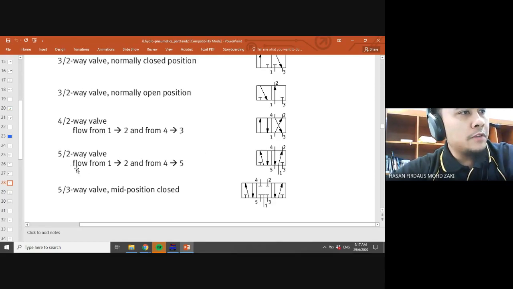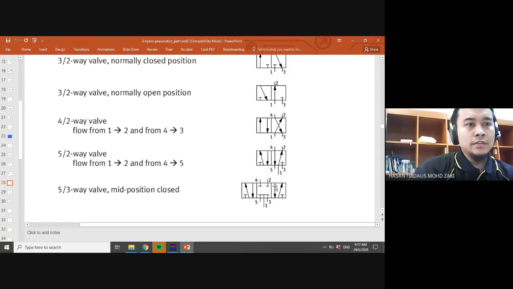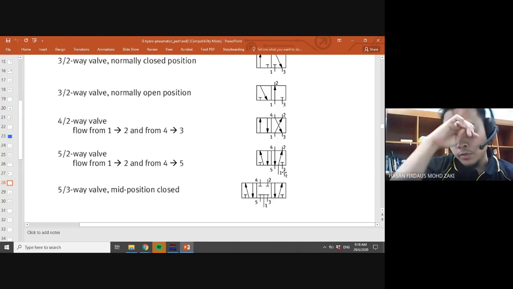5/2-way valve, flow from 1 to 2 and from 4 to 5. Okay. All right. So here you can see you have the additional port. So as I said earlier, 1 is for the power source, the source port, 2 and 4 are for the controlling ports, 5 and 3 are for the exhaust ports, right?